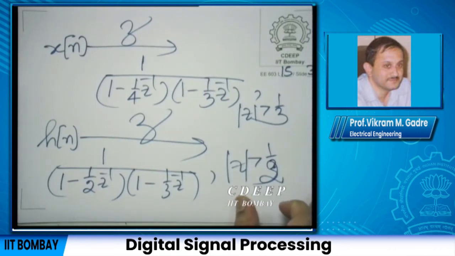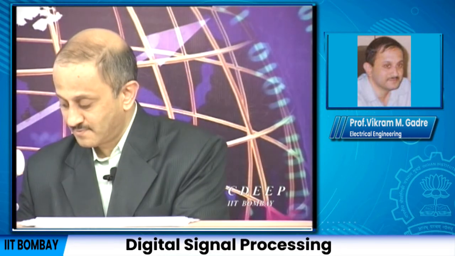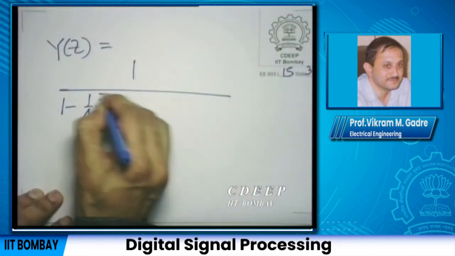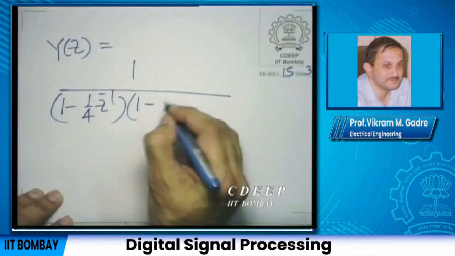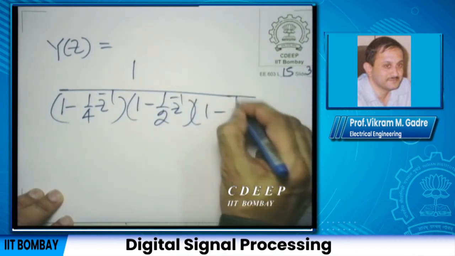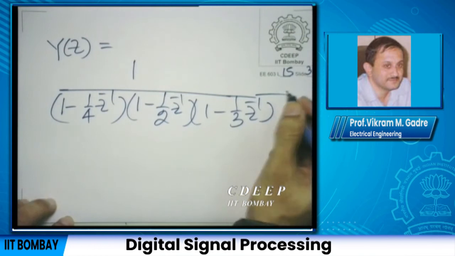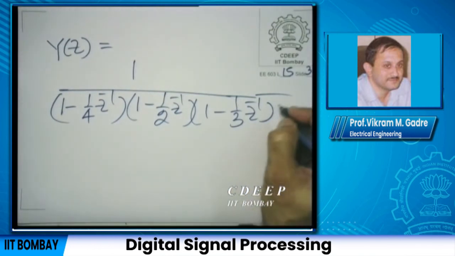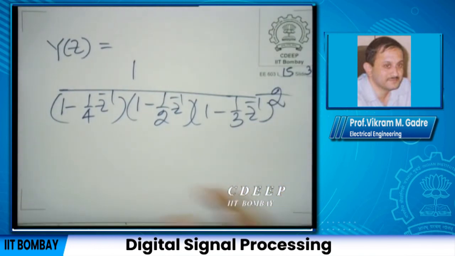Now, of course, the Z transform of the output is going to be the product of the Z transforms of the input and the impulse response. So, we have Y(z) is 1 by (1 minus 1/4 Z inverse), (1 minus half Z inverse), (1 minus 1/3 Z inverse), and of course, here (1 minus 1/3 Z inverse) the whole squared.